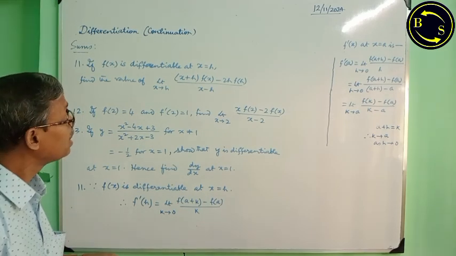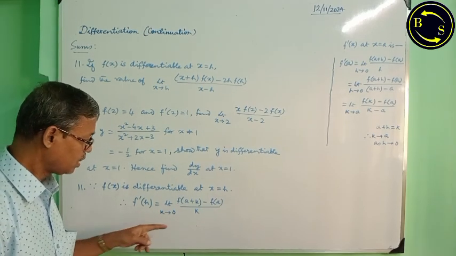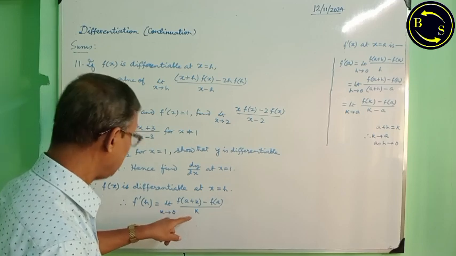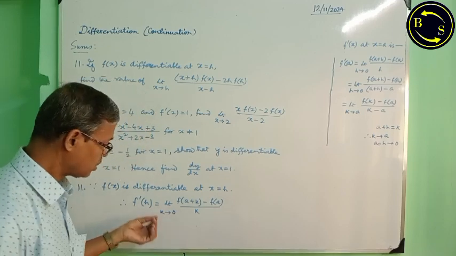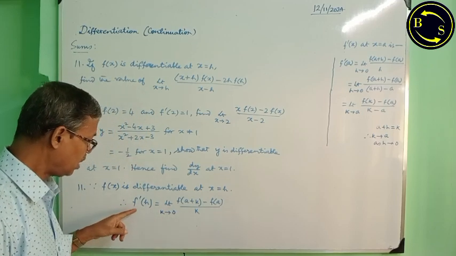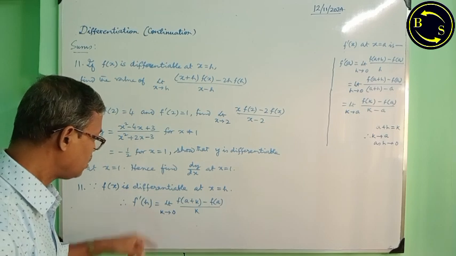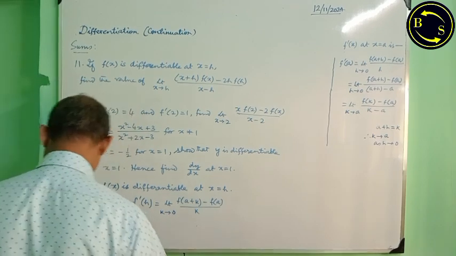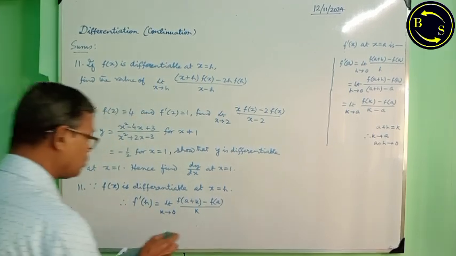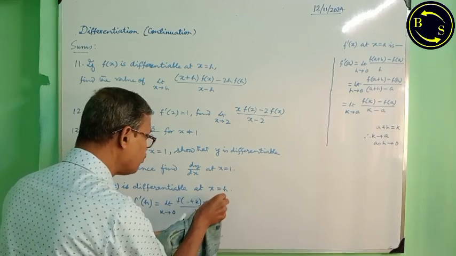Now if I take k a small number, then f dash h is equal to, sorry, we have to replace, this is not a, h.